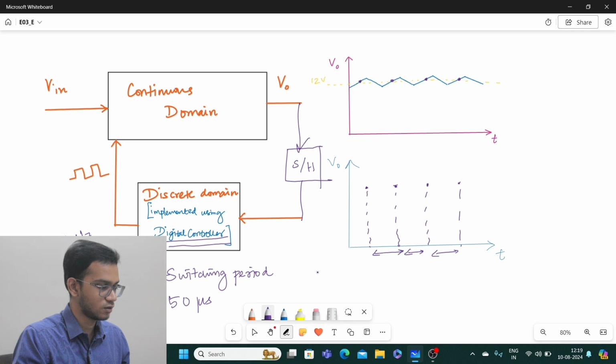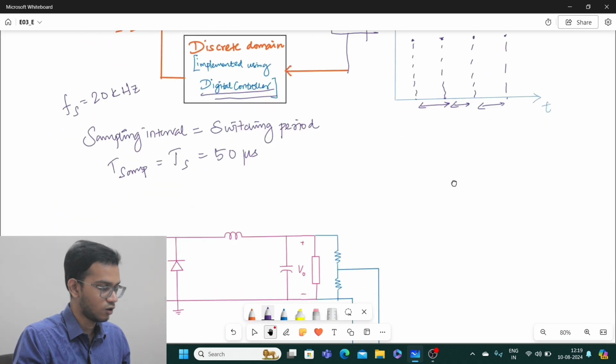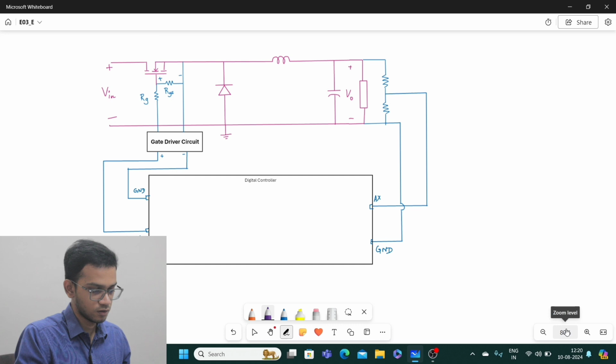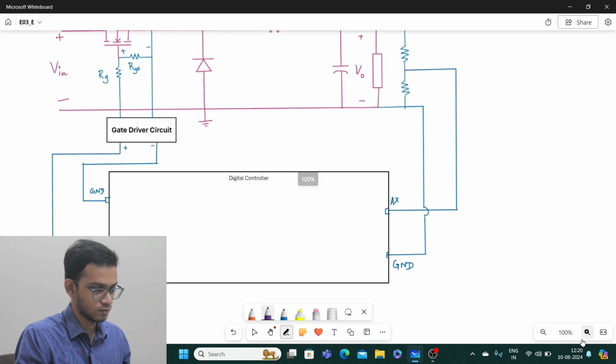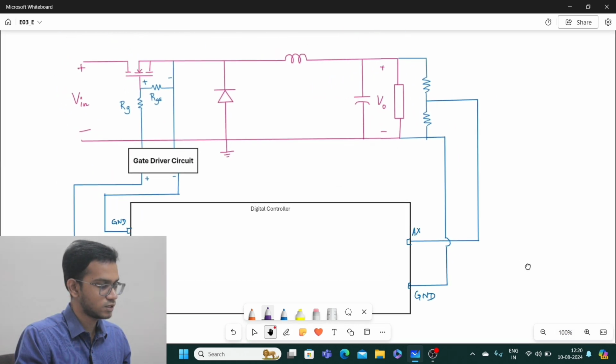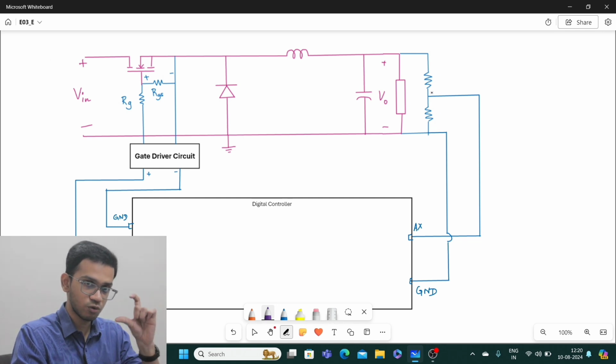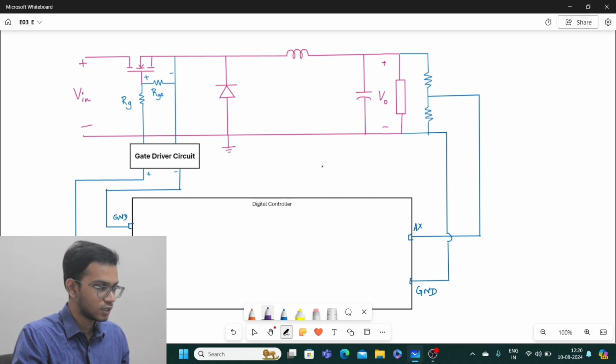Now let us look into the details of how this is being achieved. You could see here that I am having the same circuit. The circuit starting from this gate driver here to this entire power circuit along with this voltage stepping down element is exactly the same as analog.